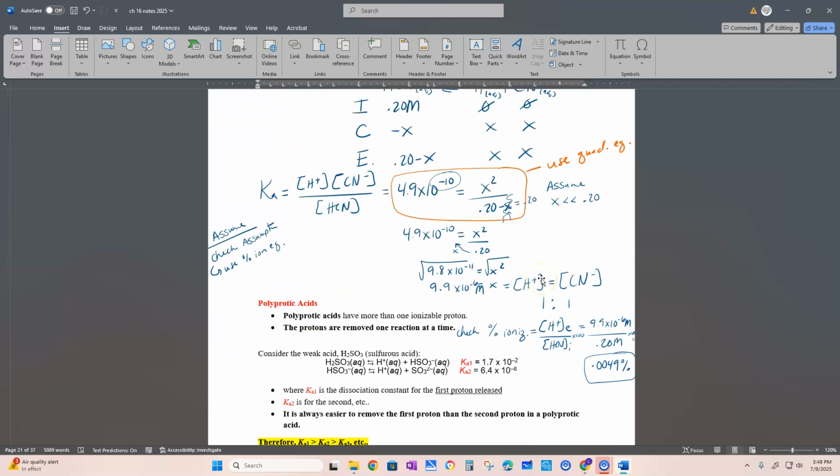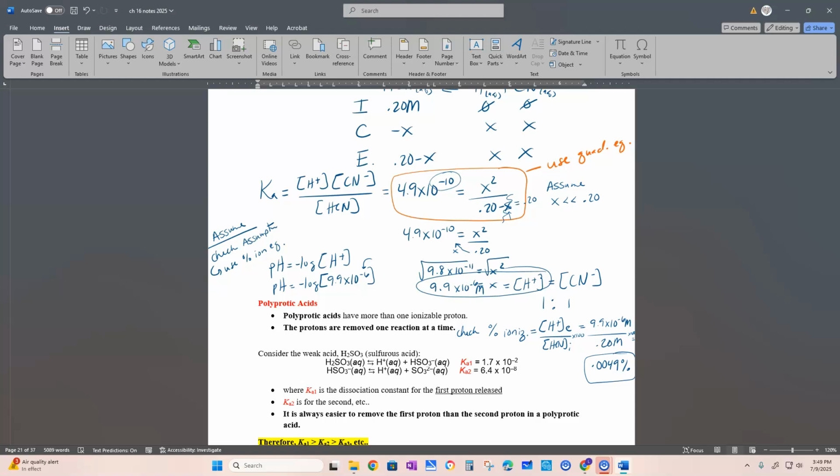So now I'm going to put over here, I apologize, pH is the negative log of H plus. Well, I have my H plus, it's right there. So pH is the negative log of that 9.9 times 10 to the negative 6. And remember that exponent tells me the answer is going to be close to 6.